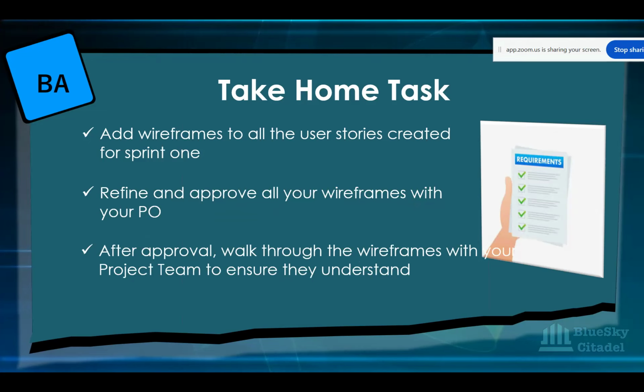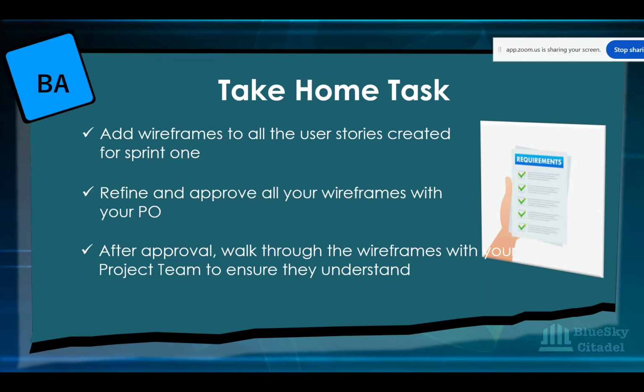After approval, you need to work through the wireframes with your project team. And the way to work through your wireframes, a lot of BAs learning, they get it wrong. You read your user stories. BAs always read our user stories, right? You pull up your user story, the BA reads it, you read your description, you read your acceptance criteria.